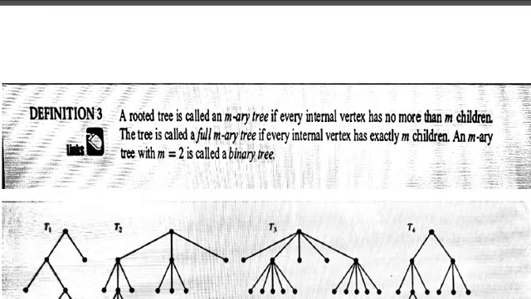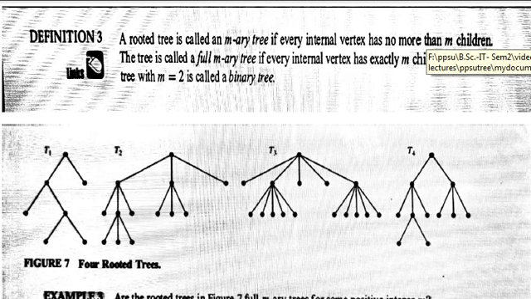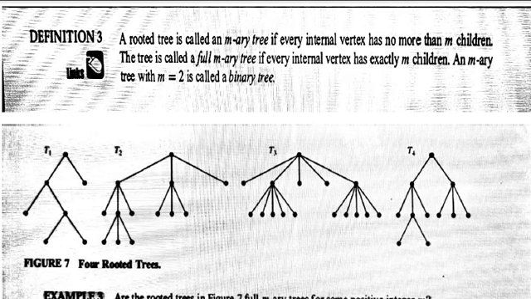The next definition is an M-ary tree. A rooted tree is called an M-ary tree if every internal vertex has no more than M children. If I talk about a 3-ary tree, then all internal vertices have at most 3 children. That means it can have 1, 2 or a maximum of 3 children.